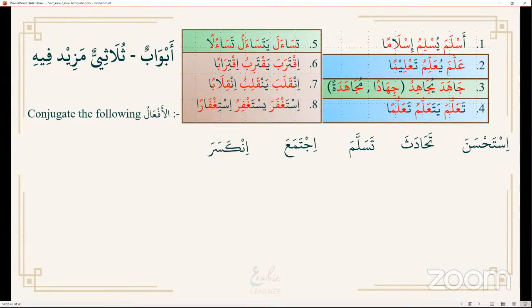Inkasara, yankasiru, inkisaran. MashaAllah. Raqaba. Raqaba is from which family?